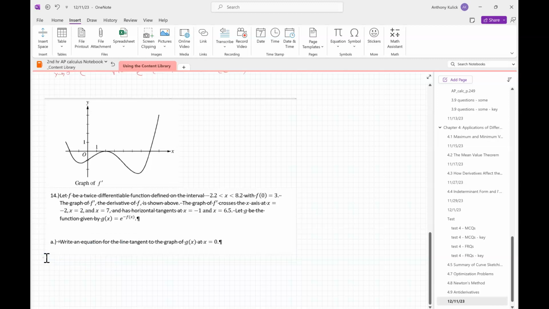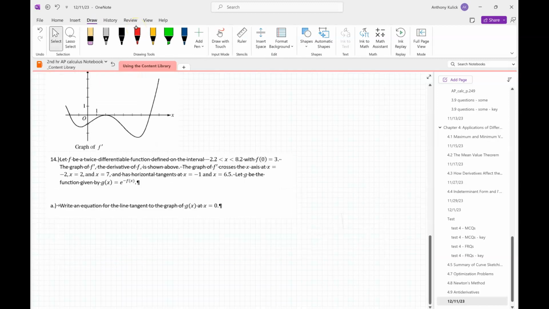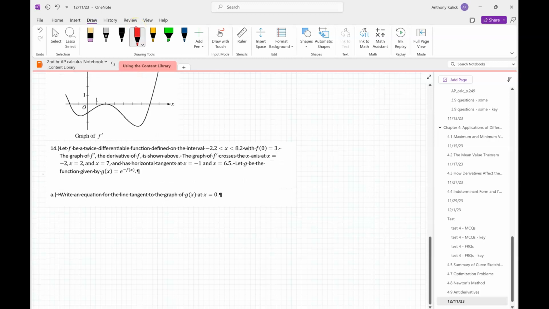All right. So we want an equation for the line tangent to g at x equals 0. So I need to calculate g of 0 and g prime of 0, right?